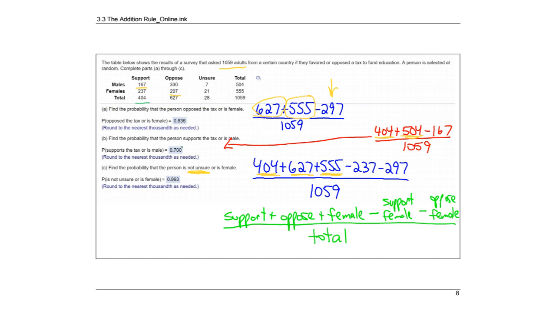So we grabbed 404, we grabbed 627, and we grabbed 555. And so we actually have two values of overlap. We have females who support and females who oppose. So I have to actually subtract out both of those. It's easier if you just look at that chart one-on-one, but this is just like the blood type problem. You just have to be careful of where you have overlap.